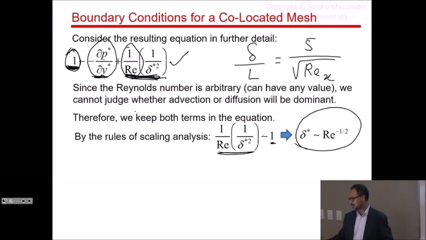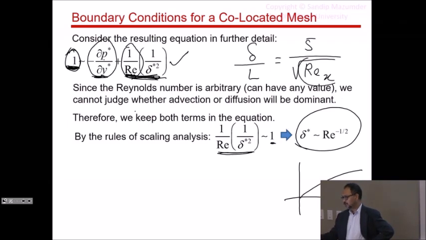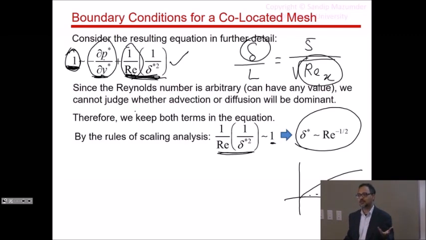So basically this is saying that if my boundary layer is growing like that, the larger the Reynolds number, the smaller will be the thickness. It's going to get skinny. Why? Because when we have large Reynolds number, we have advection dominated flow, and the viscous effect doesn't penetrate as much.